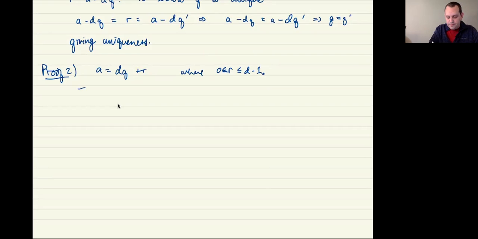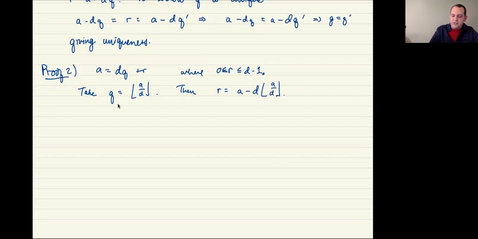For example, you can take Q to be the floor of A over D. Then R is going to be A minus DQ.